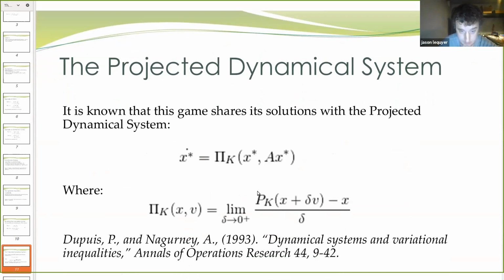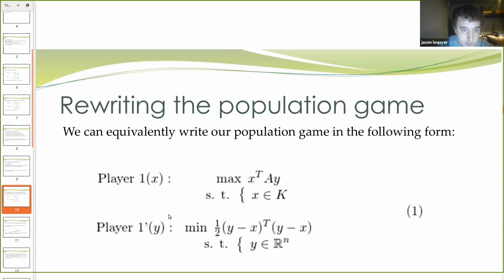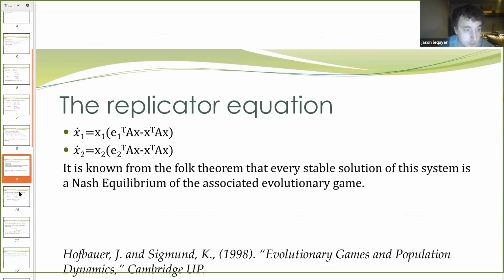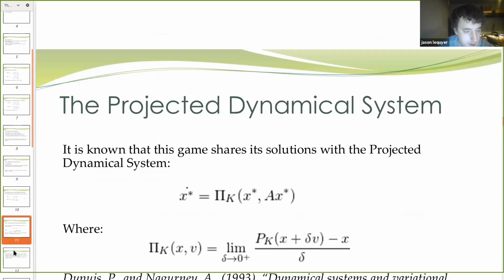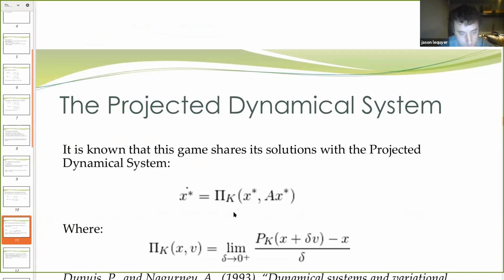And it equates to projecting onto the tangent cone at any given point in the constraint set. You take the negative gradient and project it onto the tangent cone of the constraint set. And so it's known that some of the rest points of the projected dynamical system are solutions to the associated GNSC. And so the projected dynamical system associated to the GNSC we created for our evolutionary game looks like this.